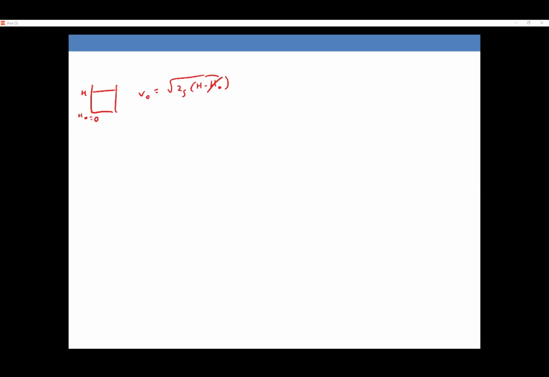So the mechanical energy balance in its complete form is like this. Oh, rho g, sorry.